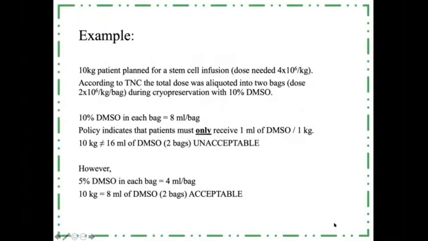However, if we start using 5% DMSO, we would have 4 mLs of DMSO in each bag. So the patient would be able to take the full dose on day 0, because the 2 bags would have 8 mLs of DMSO, which is less than their weight.